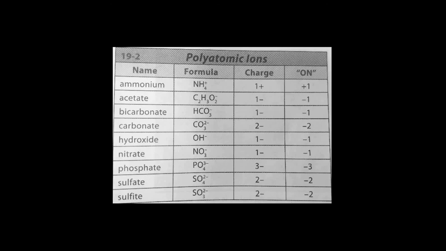Acetate, C2H3O2, has a -1 oxidation number. Okay, and you can see, because they are ions, they have the same oxidation number as they have the charge. Okay, so whether you're talking about an individual element that has a charge, a single ion, monatomic, one atom, or whether you're talking polyatomic, it is going to have the same oxidation number as its charge.